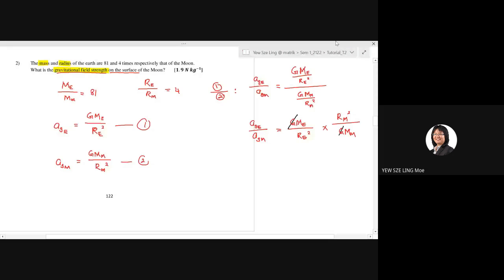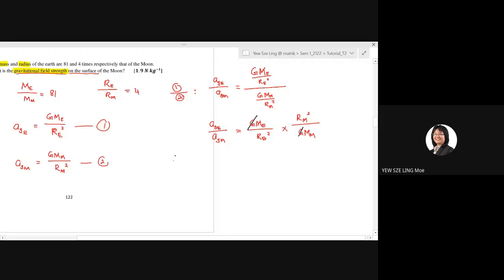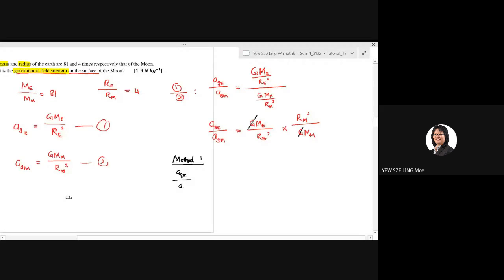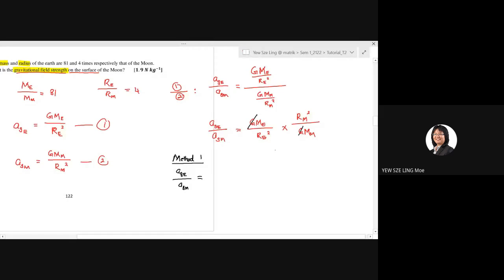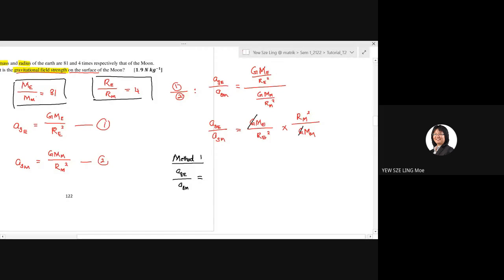First method: I'm just going to rearrange the equation. So method 1, I have AGE over AGM equals, now I'm going to rearrange because I'm given ME over MM and also RE over RM. So I'm going to rearrange it until it obtains the same form as the ratio given.